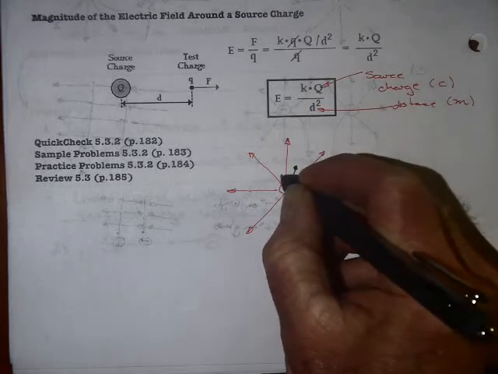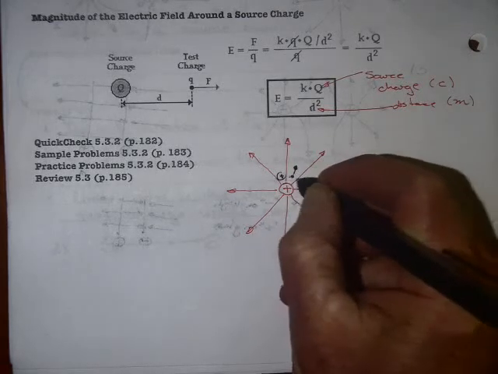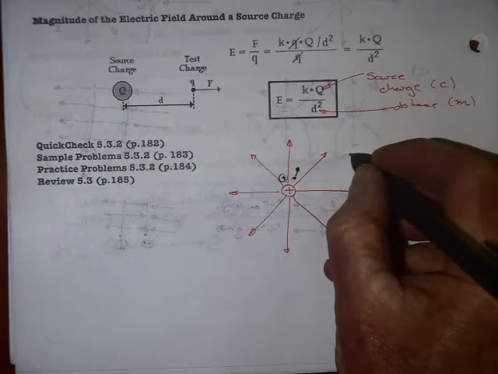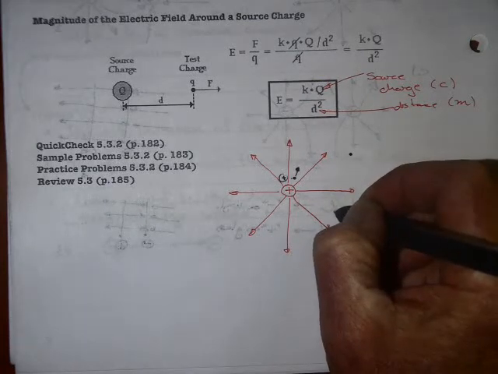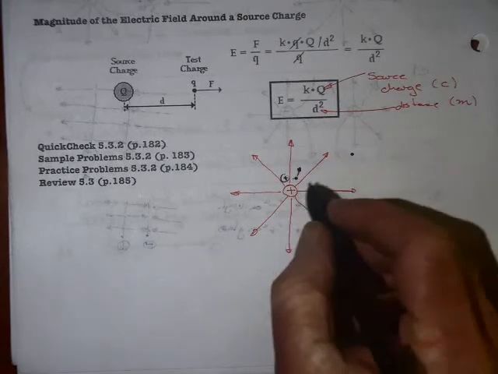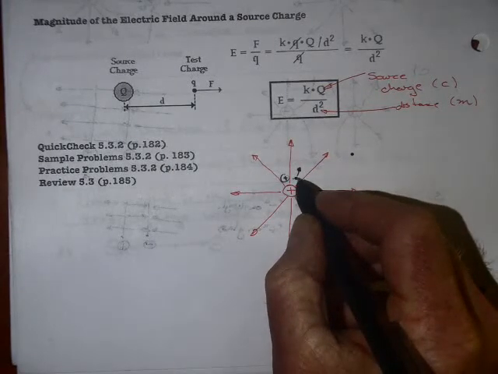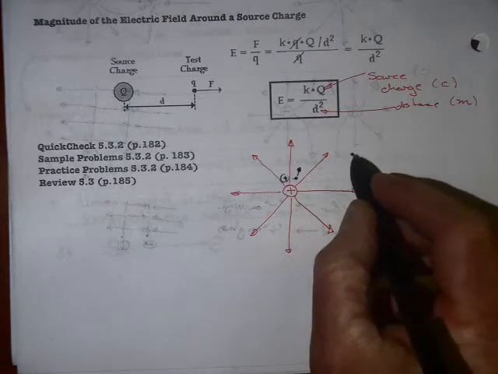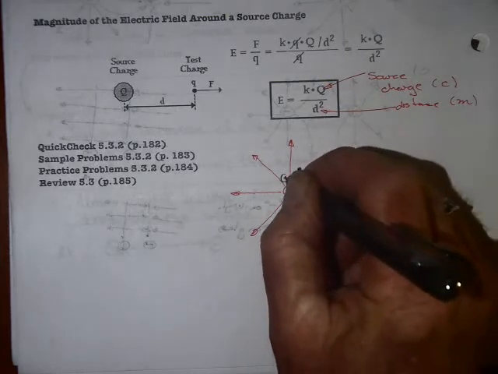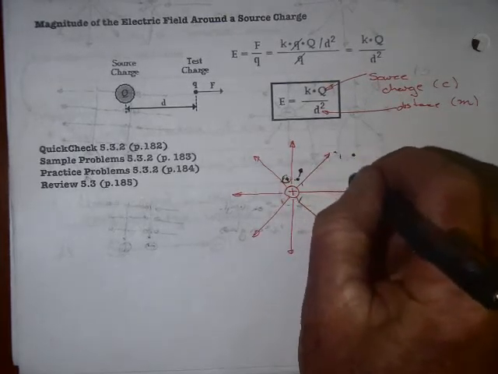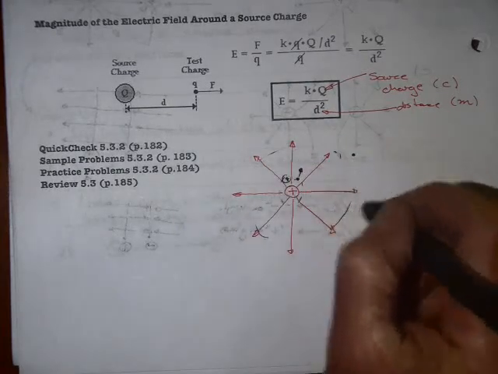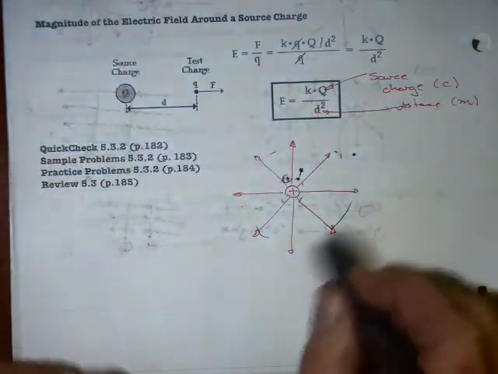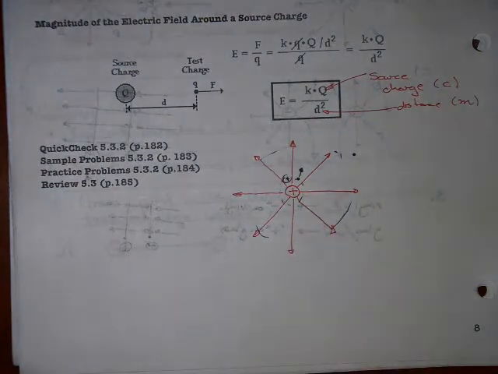I'll put a little plus there to indicate that, than if I put something way out here. What you're trying to do is not actually put any point charge in here. You're just saying what the field would be like here as opposed to farther out. And that's why you ignore any other charge.